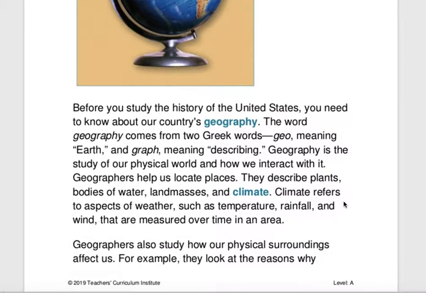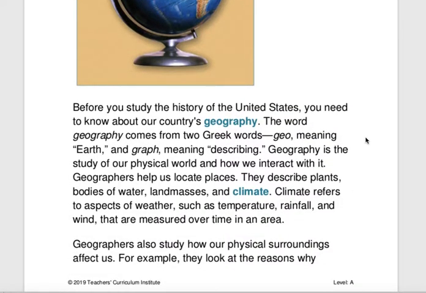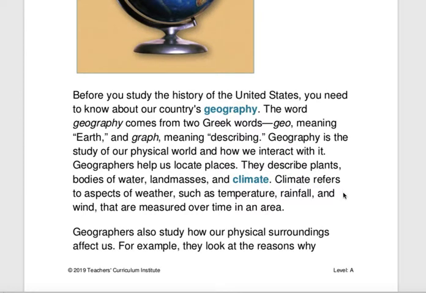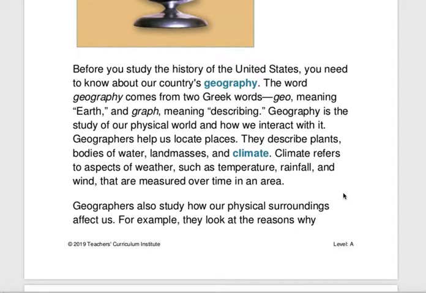Before you study the history of the United States, you need to know about our country's geography. The word geography comes from two Greek words, geo, meaning earth, and graph, meaning describing. Geography is the study of our physical world and how we interact with it. Geographers help us locate places. They describe plants, bodies of water, land masses, and climate.